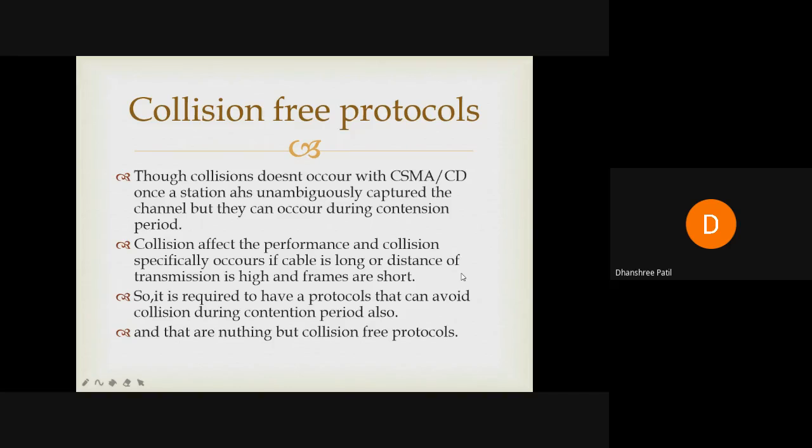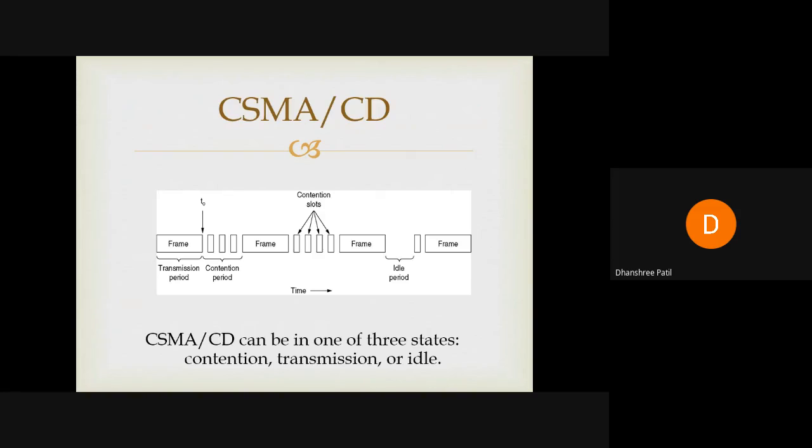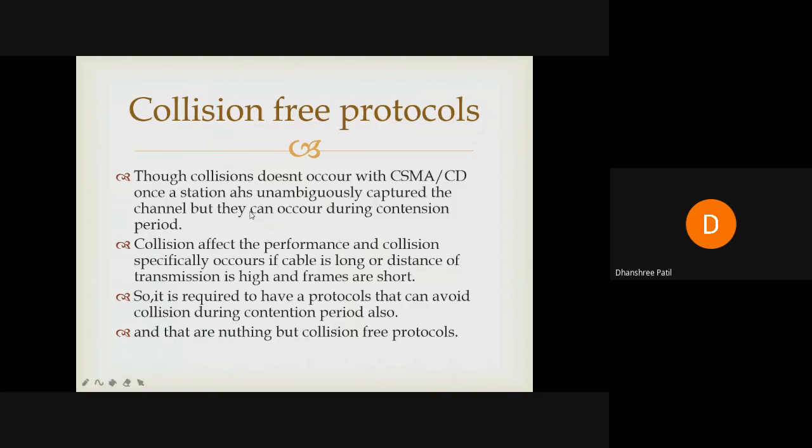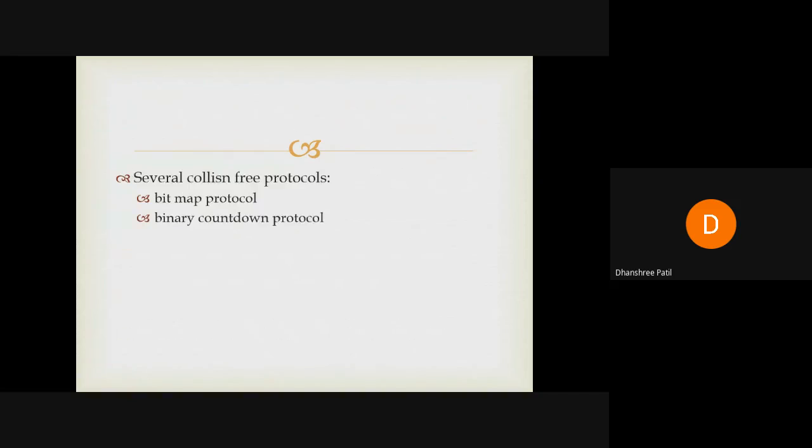Even if the wire is long or the frames are short and the contention period is large, collision should be avoided. So for that purpose, some protocols are designed and they are called collision free protocols. The protocols which avoid the collision during the contention period also are called collision free protocols.